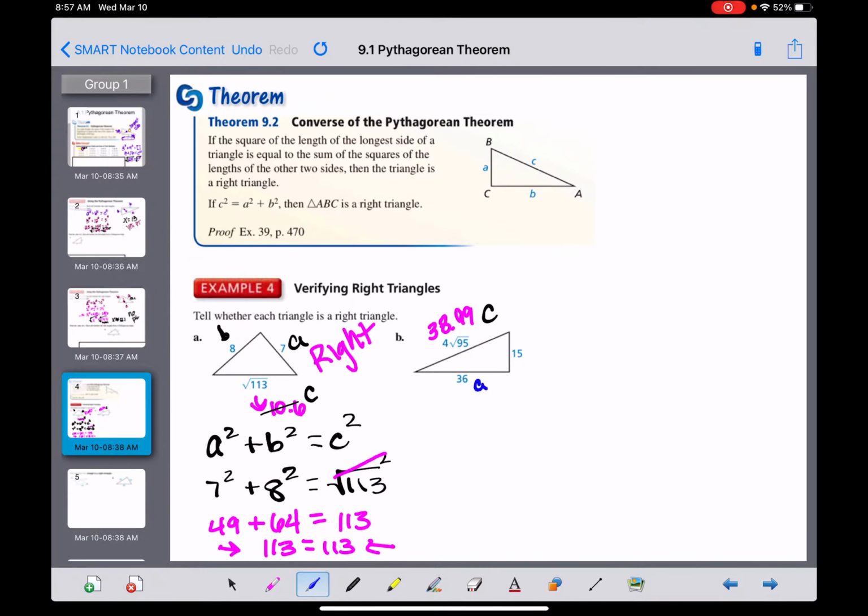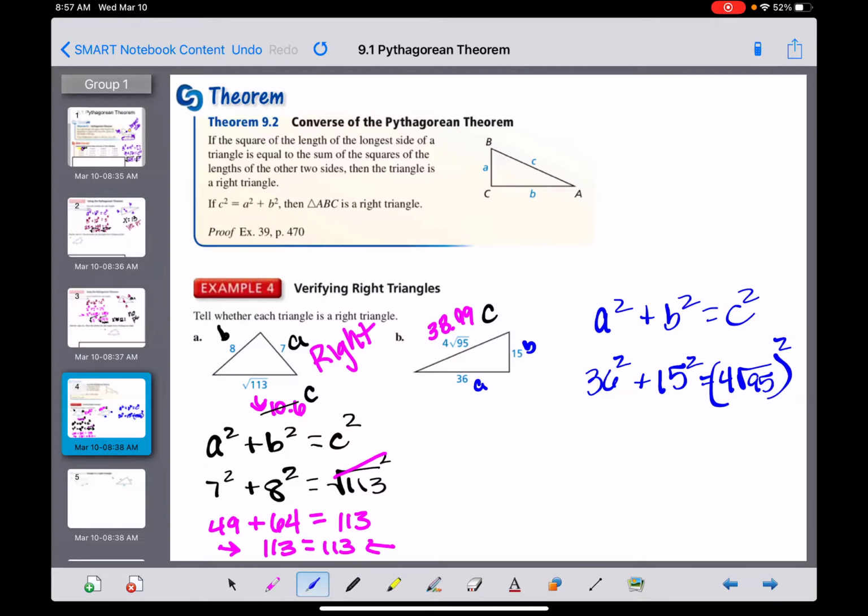And then I'll let my other two sides be A and B. All right, so I let my A be 36. So I have 36 squared plus 15 squared is equal to 4 radical 95 squared. And I want to see if the left-hand side is equal to the right-hand side.